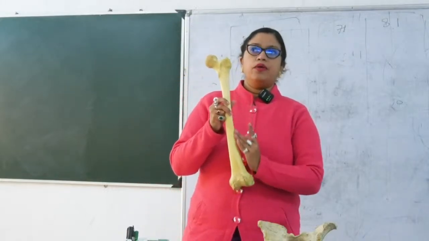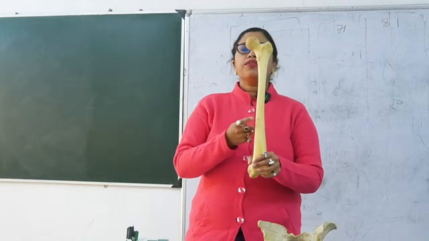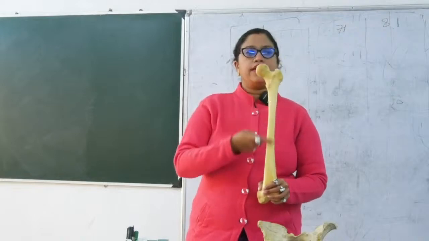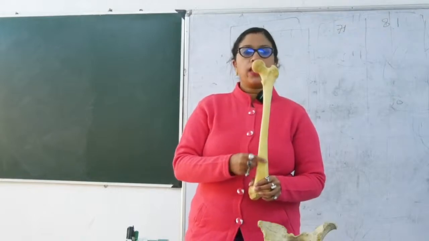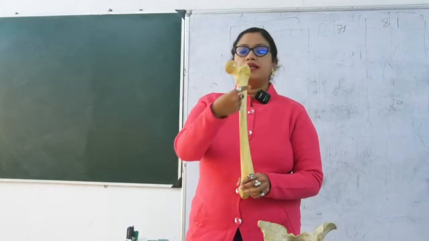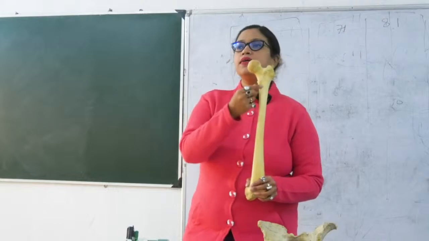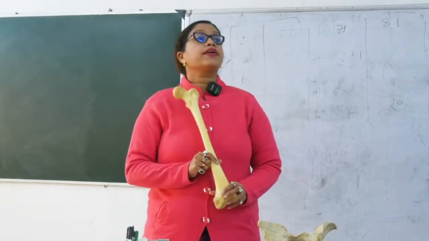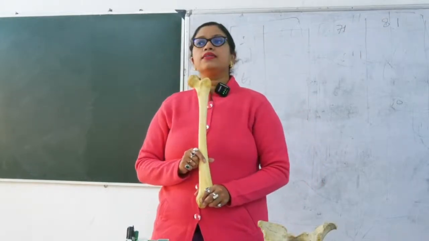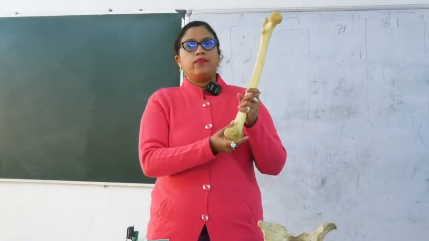This side, because it is making the anterior compartment muscles, quadriceps femoris. This side vastus medialis, vastus intermedius, this side vastus lateralis, and superiorly which muscle comes? That is the rectus femoris.